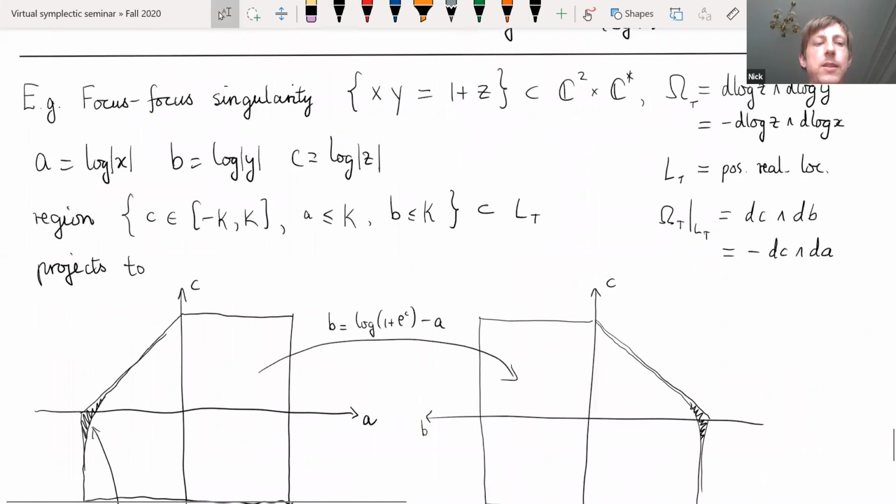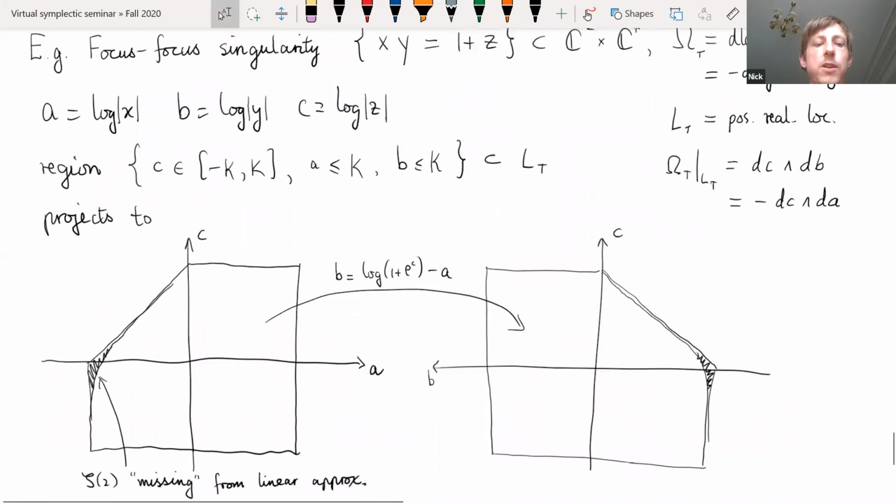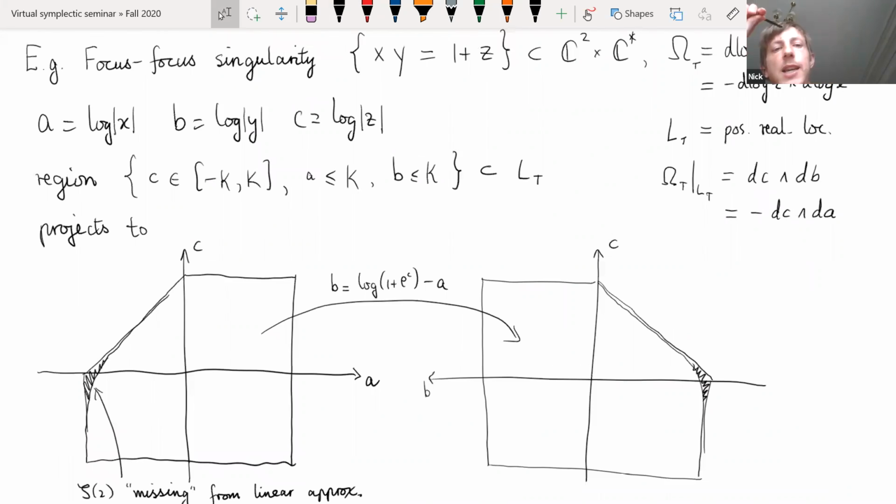So how does this work, for example, for the focus-focus singularity? That's given by the equation xy equals 1 plus z, sitting inside C squared times C star. We've got a formula for the holomorphic volume form here, and our Lagrangian LT is going to be the positive real locus.